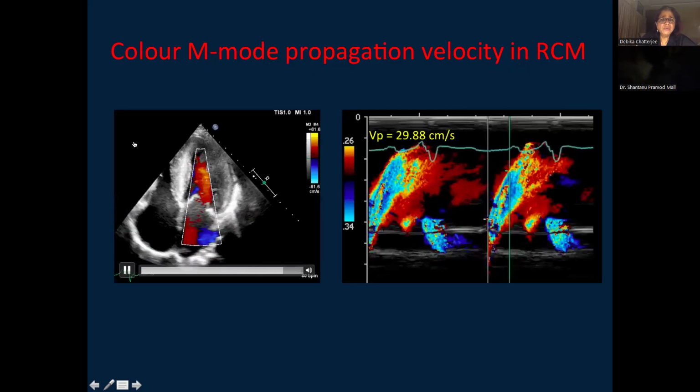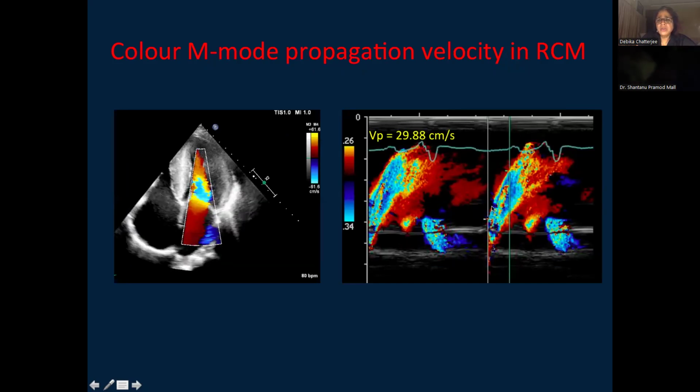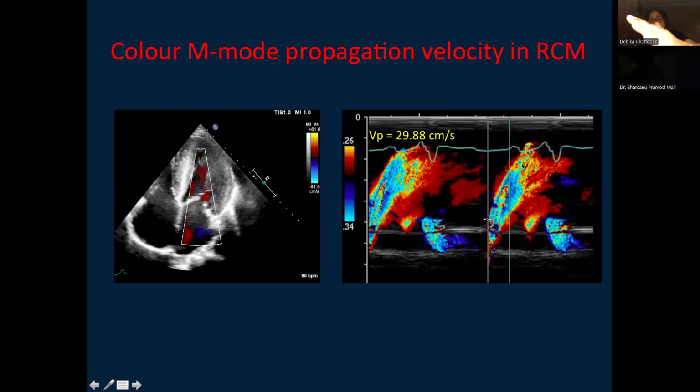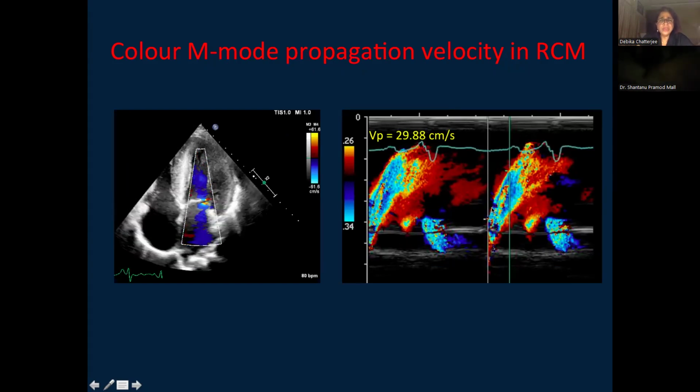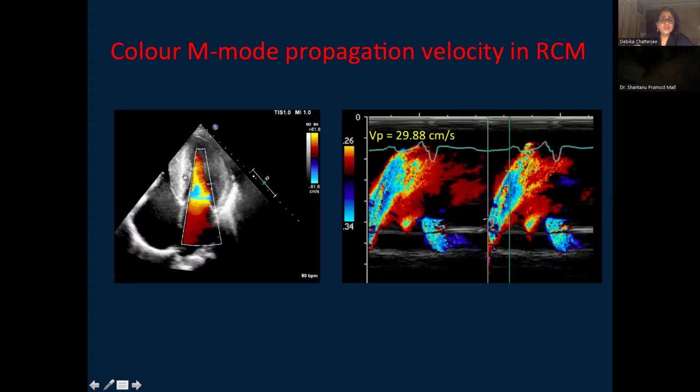On the other hand, if you look at this one, look at the biatrial enlargement, it's a case of cardiac amyloidosis. Look here, the VP is only 29 or 30 centimeter per second, and the slope is so slanted. So here the color M mode propagation velocity is very, very low, indicating that the blood is not flowing.